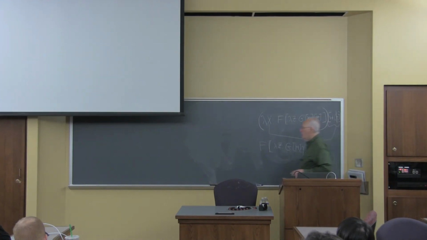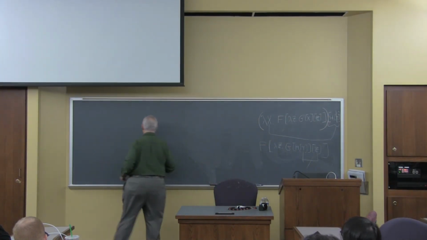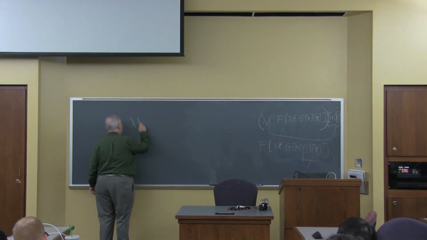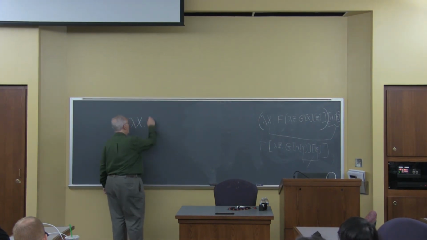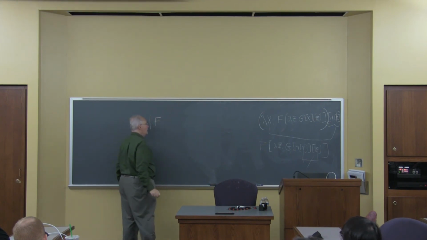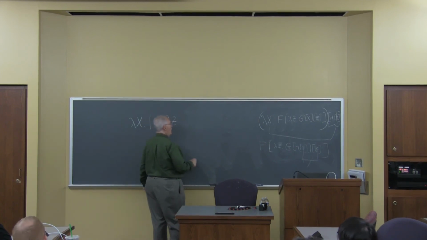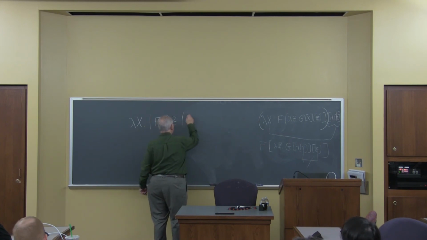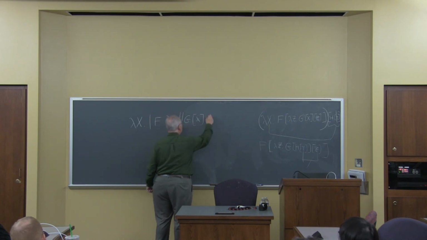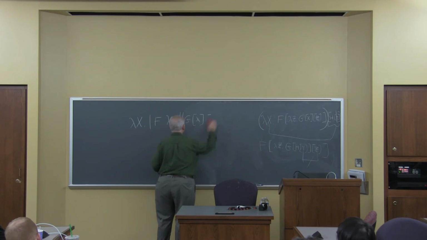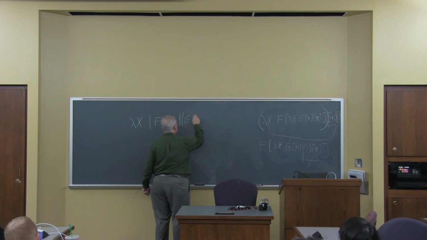To use application as a prefix operator, so I could write lambda x of f applied to lambda z of g applied to x applied to, oh, I know, no more brackets anymore. This is Polish notation without any brackets here. G applied to x, and all of that applied to z.